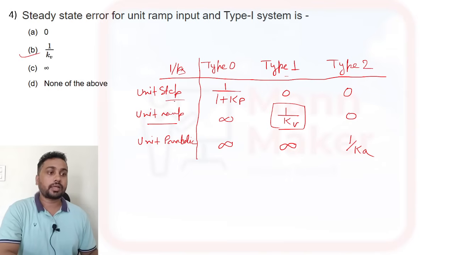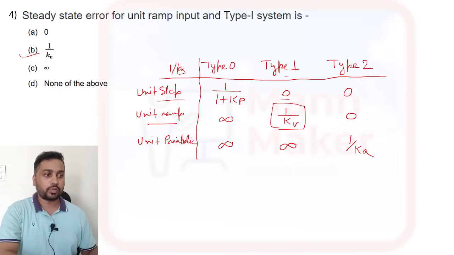Sometimes they will ask, if in a type 1 system the steady state error is 0, what is the input, then you answer unit step input. From this table you can make and prepare such questions.